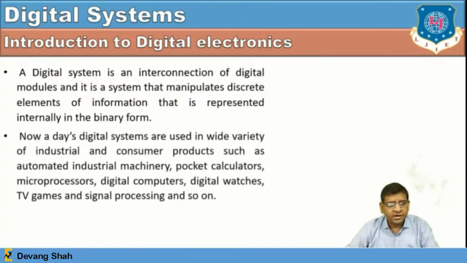Why are we using digital electronics? Because the system is much faster than analog electronics. We are already using digital electronics gadgets like automated industrial machinery, pocket calculators, microprocessors, digital computers, digital watches, TV games, signal processing, and so on.